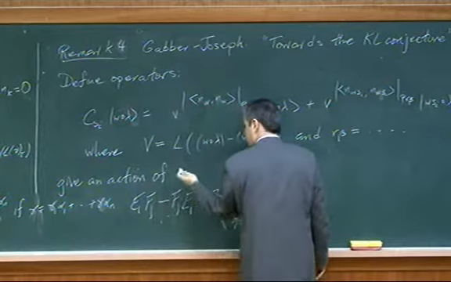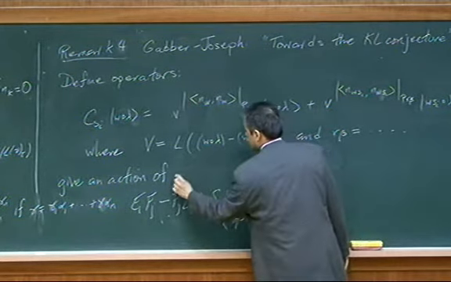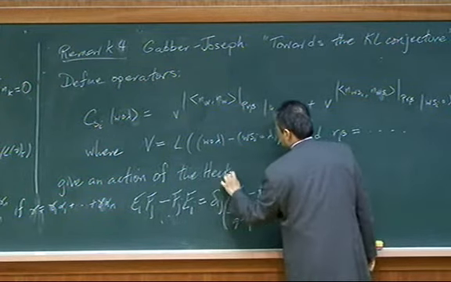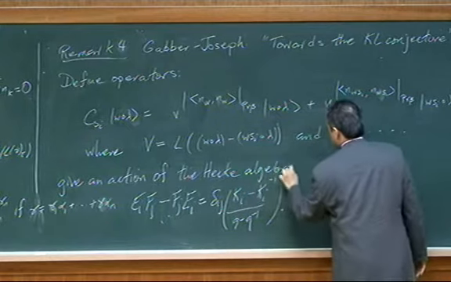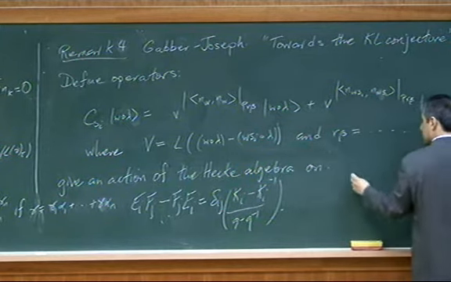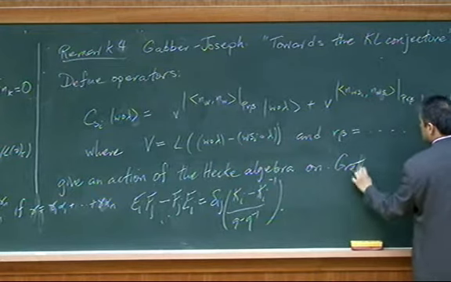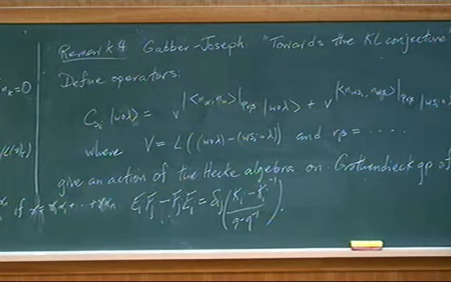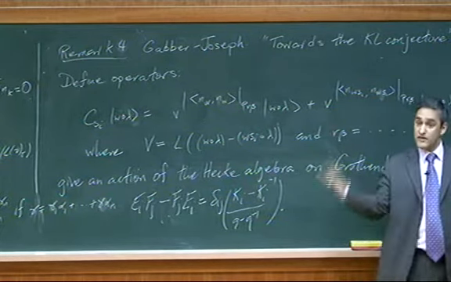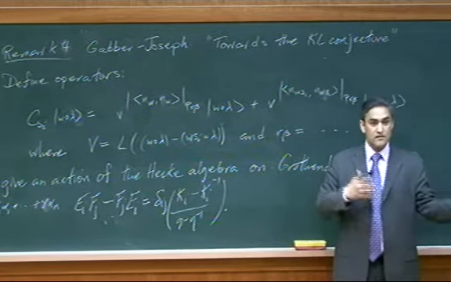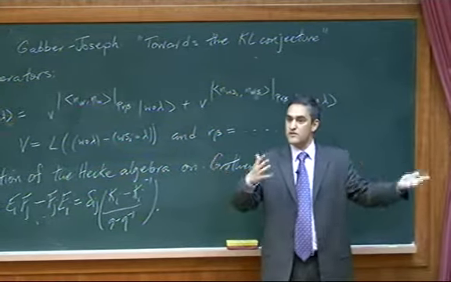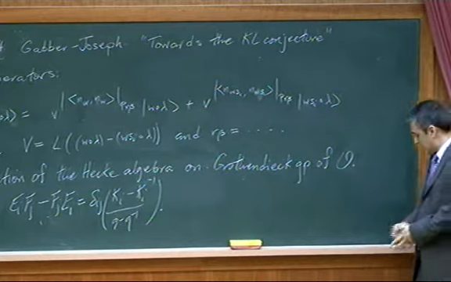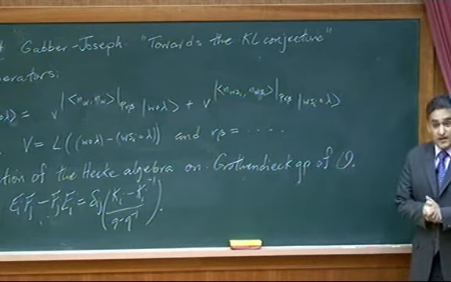In fact, the usual action of the Hecke algebra on the Grothendieck group of the category O. So in that sense, this Fock space and the Hecke algebra are exactly the same computation from two different points of view for me, because this is the original Jantzen picture. Okay, I'll stop there. Thank you.